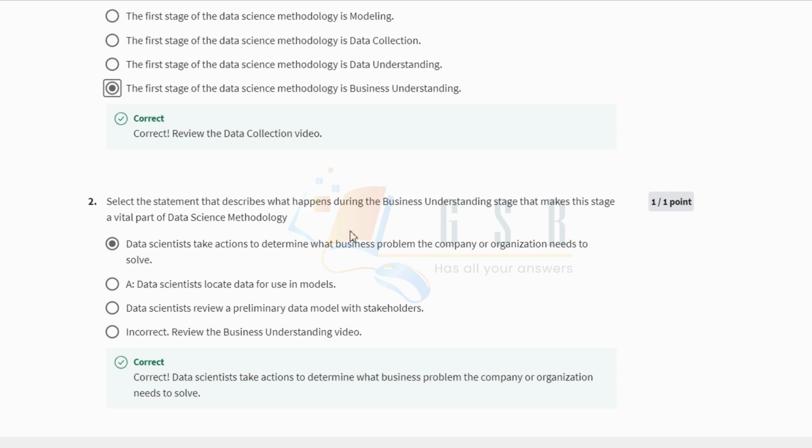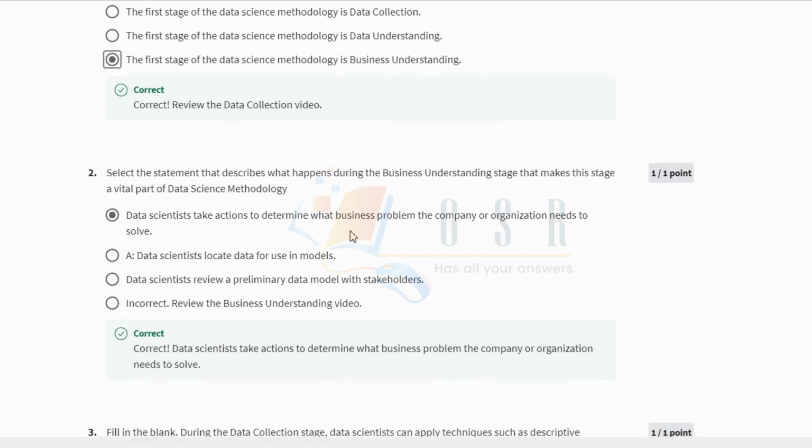So business understanding is nothing else than understanding what problem the customer is facing. Whatever the client is facing, you have to look for a solution. You can do that only by understanding the business first, how it is working and what kind of data it has. So that is the second question.